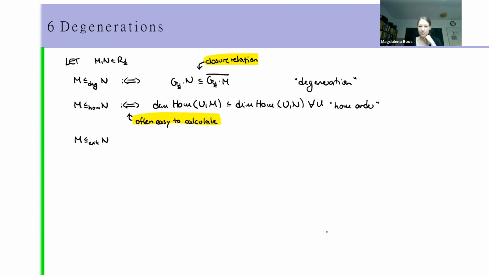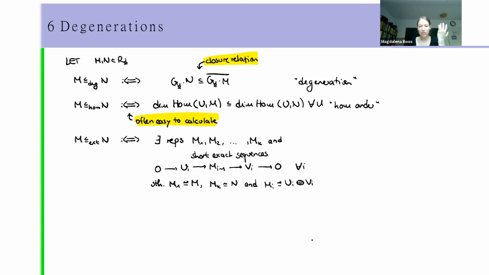And we have a third one, and that's the Ext order. The Ext order is given by extension. So there exist representations and short exact sequences such that the outer terms of the first exact sequence add up to the middle term of the next. And then again, the outer terms add up to the middle term, and so on.